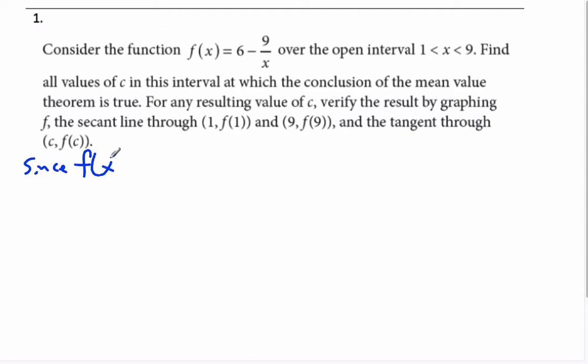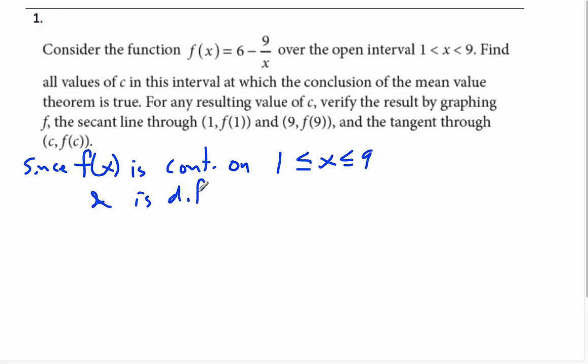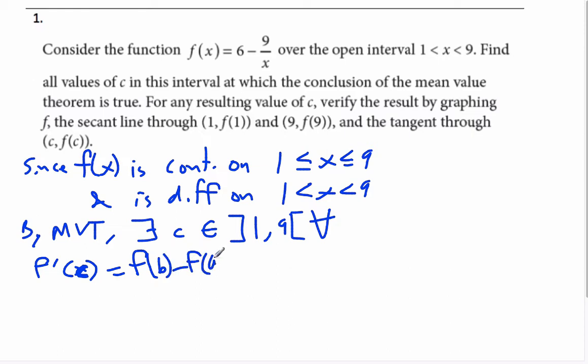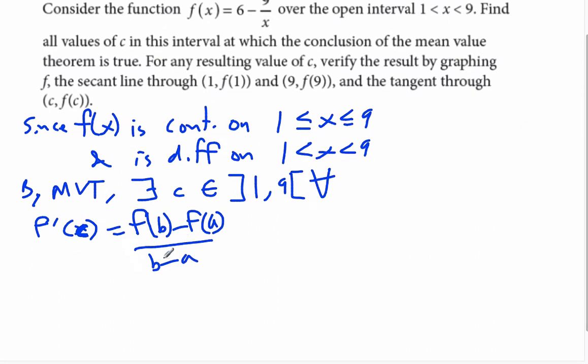Since f of x is continuous on 1 ≤ x ≤ 9, and is differentiable on 1 < x < 9, by the mean value theorem, there exists a c in the open interval (1, 9) such that f'(c) equals f of b minus f of a over b minus a. Okay, where those are the endpoints here.